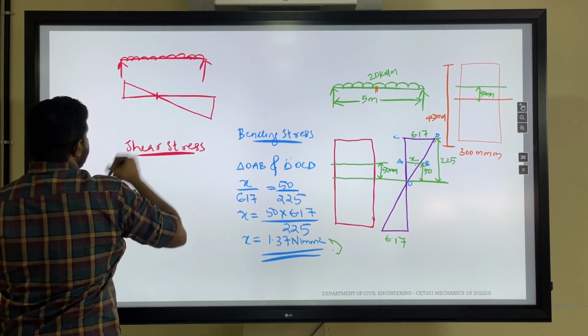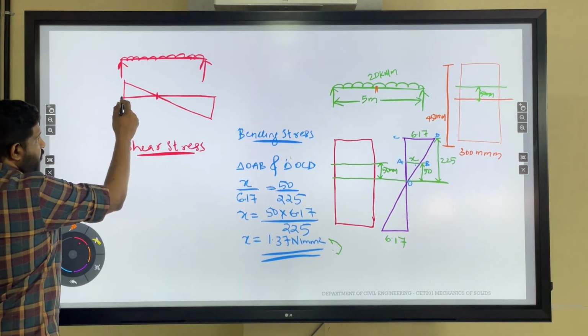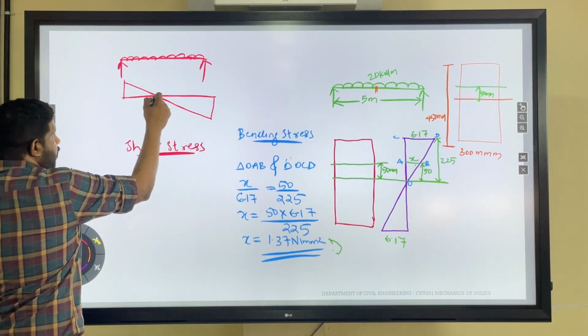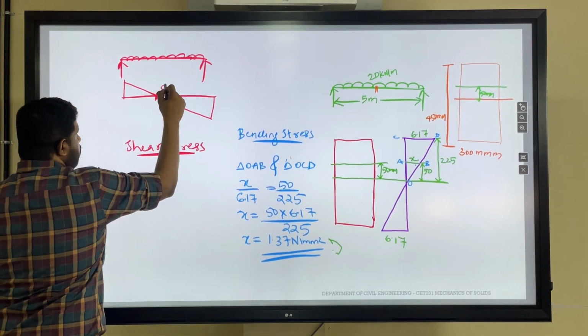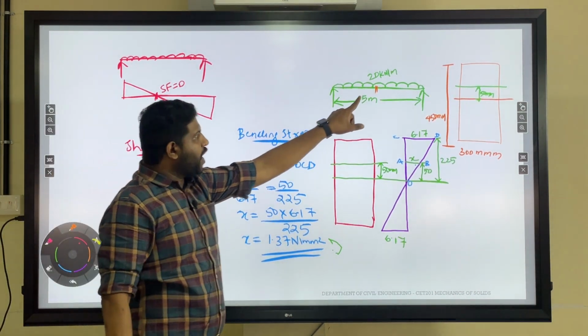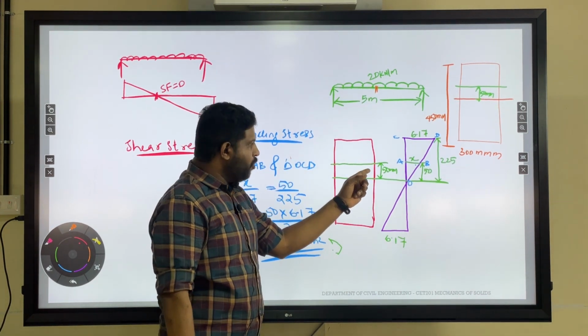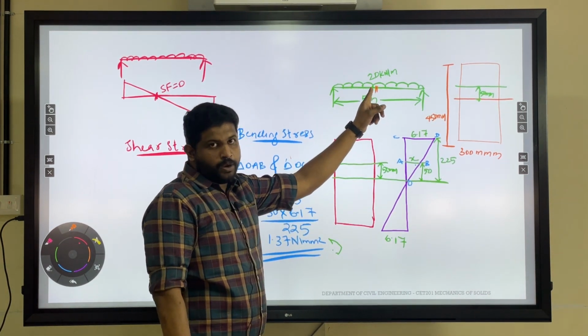If you are considering this as the midpoint, the shear force value at the midspan is 0. In this question, we are asked to calculate the shear stress at a layer 50 mm above the neutral axis, which is located at the midspan.